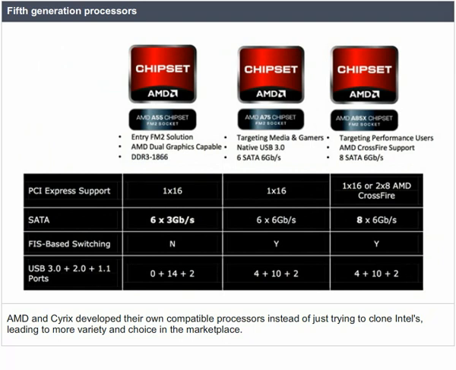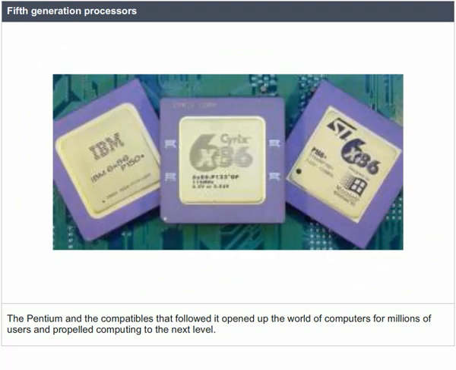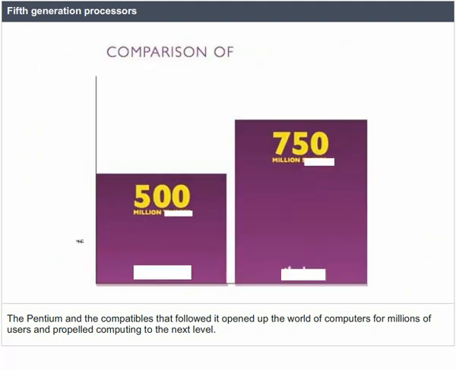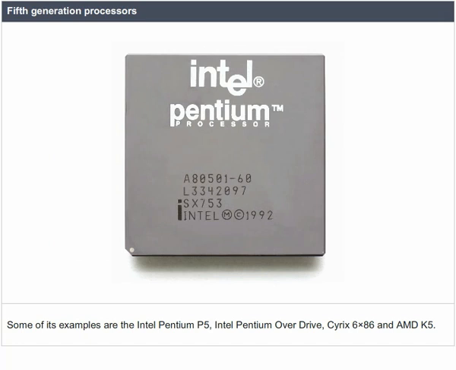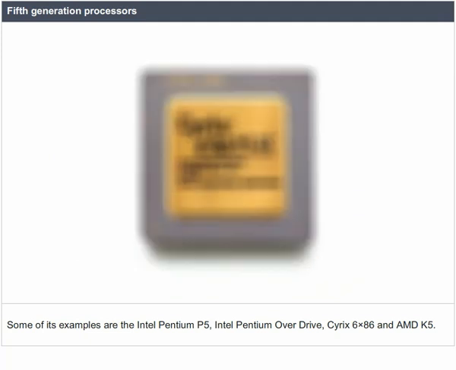The Pentium and the compatibles that followed it opened up the world of computers for millions of users and propelled computing to the next level. Some of its examples are the Intel Pentium P5, Intel Pentium Overdrive, Cyrix 6x86 and AMD K5.